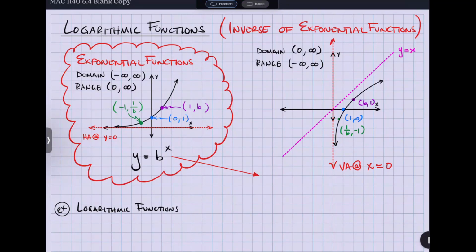Yes. So notice what you just said. The x cannot be 0 nor negative. Okay? So remember that.